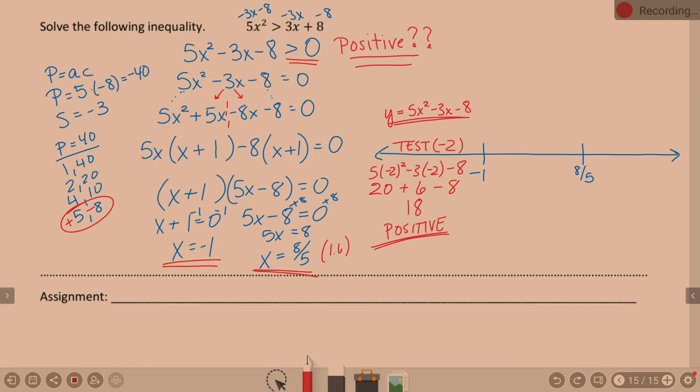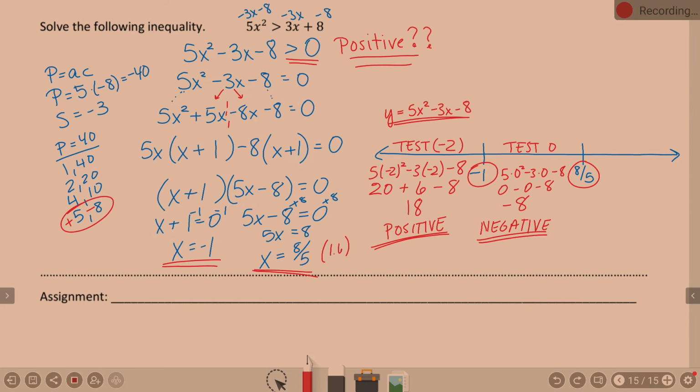For -1 to 8/5, pick 0. 5 times 0 squared minus 3 times 0 minus 8 is 0 minus 0 minus 8, which is -8, which means a negative interval. Even though we said they usually go opposite, it doesn't hurt to double check things.